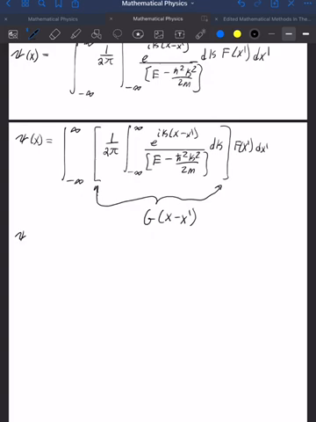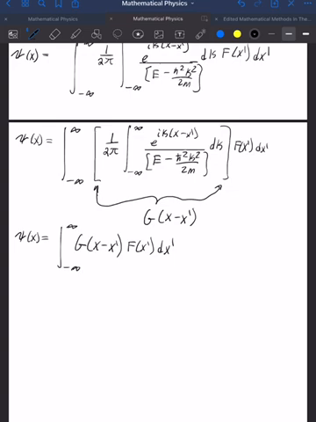And so what we're left with is psi of x is equal to the integral from minus infinity to infinity of G of x minus x prime times f of x prime dx prime. And so I have a video on Green's functions if you'd like to go check that out.